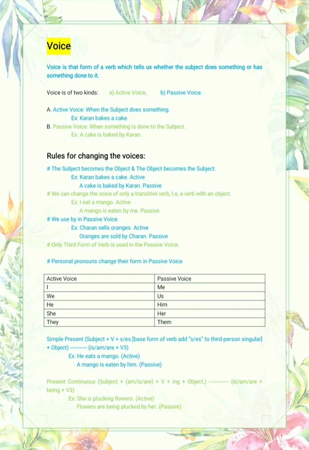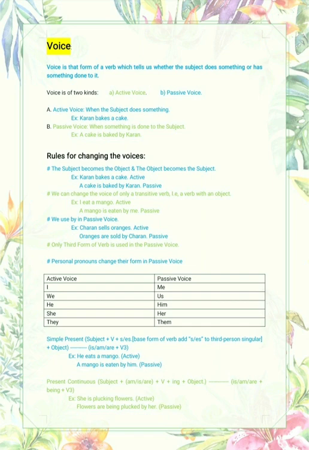Now the third rule: we use by in passive voice. This is another very important rule which you should always remember. In passive voice, we always use by. Like Charan sells oranges, it is an active voice. Now oranges are sold by Charan.